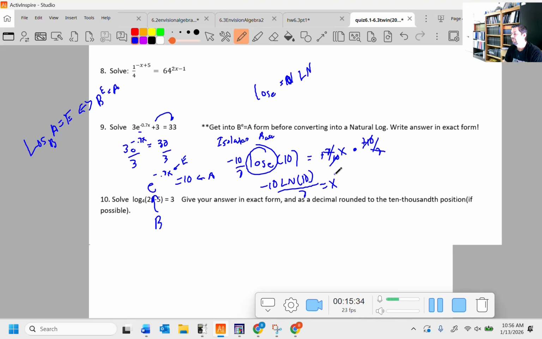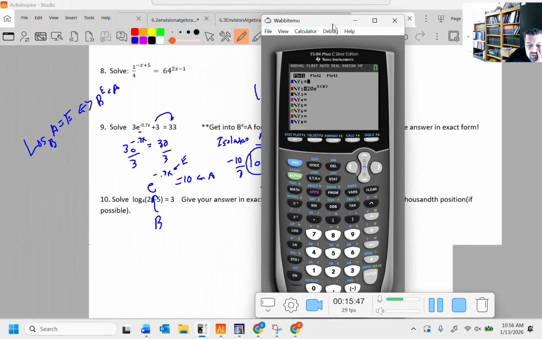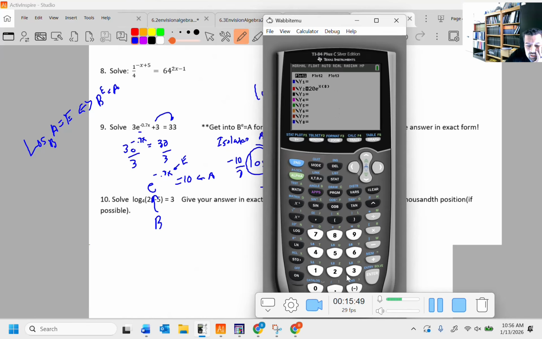Let me talk about that. I'm not going to write that down, but I will probably give half credit for a calculator answer. If I had no idea what to do, I could have at least done this. I could have typed into y1 3e to the -7/10 of x plus 3, and then in y2 put a 33.